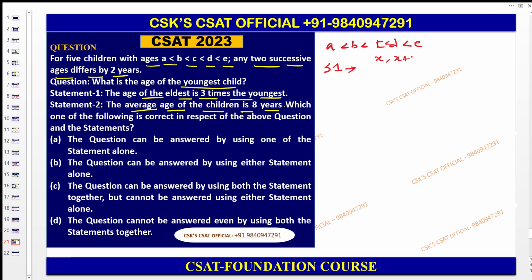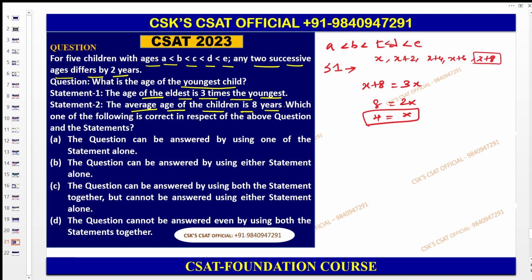So here X plus 2, X plus 4, X plus 6, right, an arithmetic progression, and X plus 8. Now the age of the eldest is 3 times the youngest. So the age of the eldest, X plus 8, is equal to 3 times the youngest. Now you can rearrange this: 2X is equal to 8, X is equal to 4.